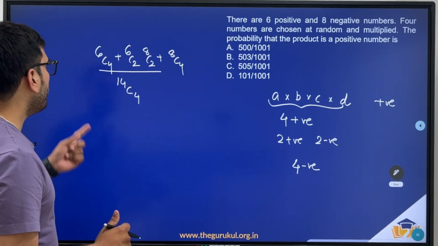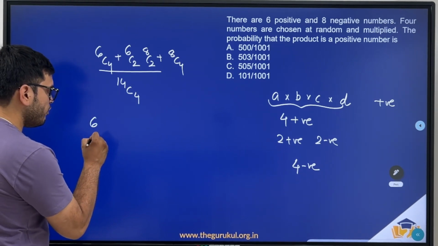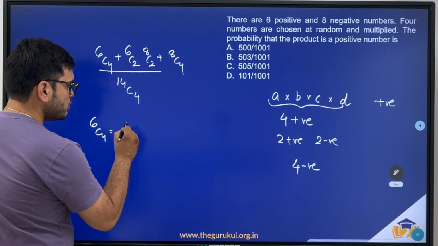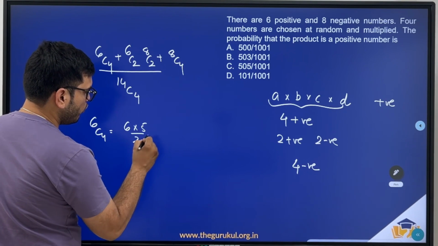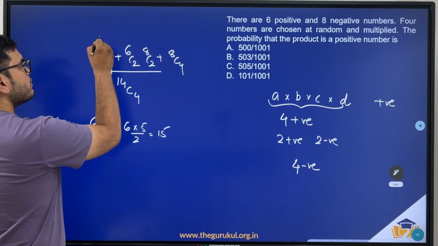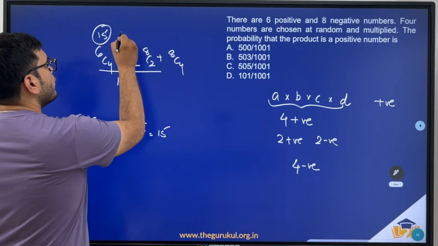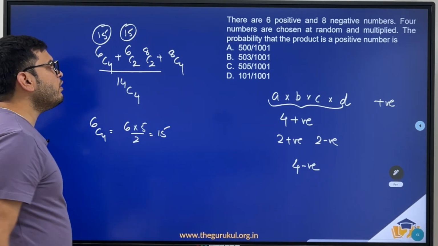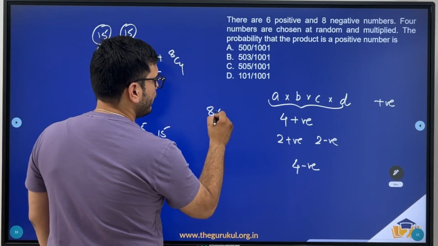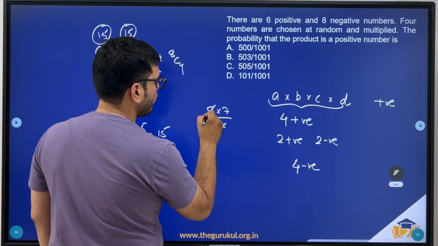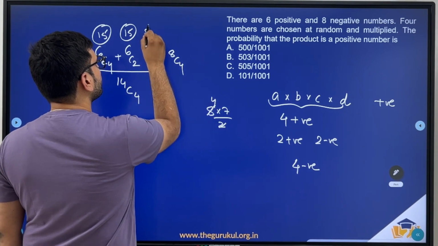Now let's find the value of numerator. Now 6C4 would be 6 into 5 by 2, which is 15. So this is 15. Now 6C2 is same as 6C4, so this will also be equal to 15. What is the value of 8C2? 8 into 7 by 2, 28.